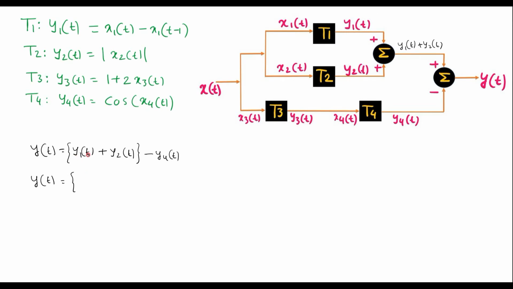So now in turn I can write y of t as, here we can observe that y1 of t is equal to x1 of t minus x1 of t minus 1. So I'll replace y1 of t by x1 of t minus x1 of t minus 1 plus y2 of t. Y2 of t is defined as magnitude of x2 of t, minus y4 of t is cos x4 of t.